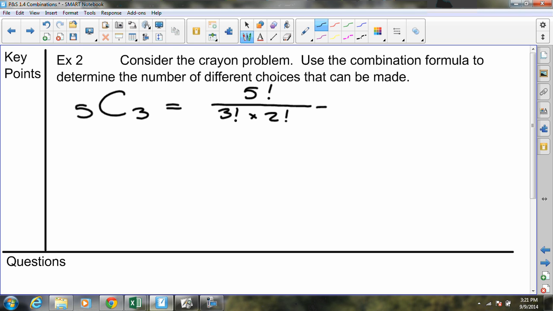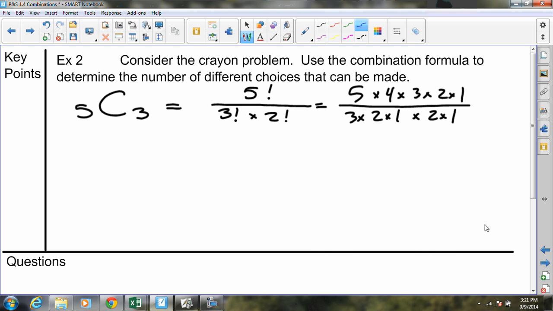From here, we can expand them out. 5, 4, 3, 2, 1 over 3, 2, 1 times 2, 1. Looking at it, what are the pieces that will cancel? 3, 2, 1, 3, 2, 1.